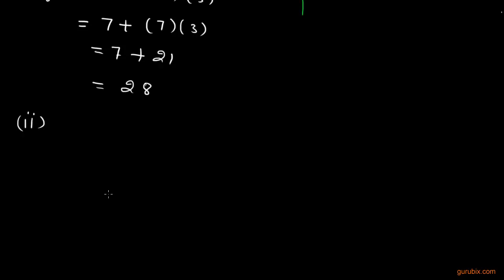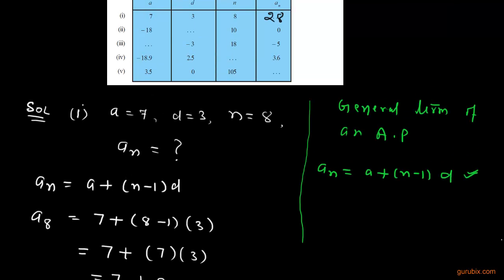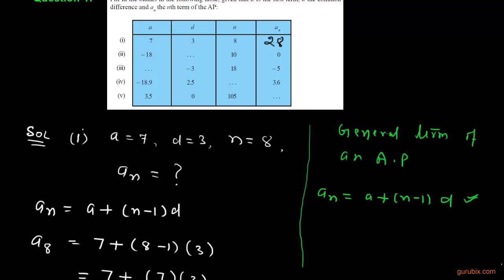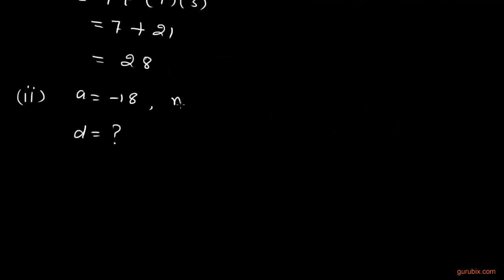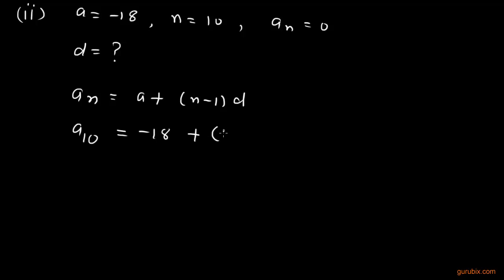In the second part we have been given A equals minus 18. We have to calculate the common difference, and N is 10, and the nth term is 0. So we shall use the general term once again, AN equals A plus N minus 1 into D. We can put 10 in the place of N and minus 18 in the place of A, and we have to calculate the common difference.